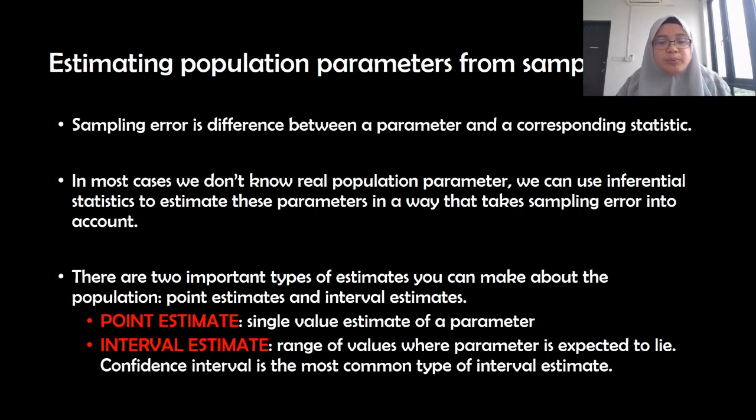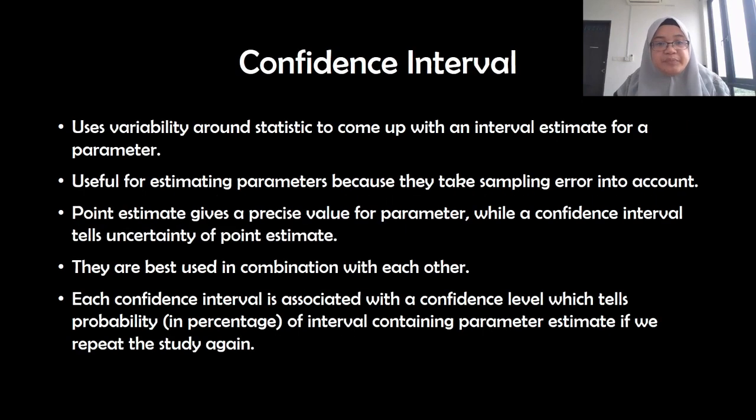There are two important types of estimates that you can make about the population, which are point estimates and interval estimates. A point estimate uses a single value estimate of a parameter, while an interval estimate uses a range of values where the parameter is expected to lie. The confidence interval is the most common type of interval estimate.